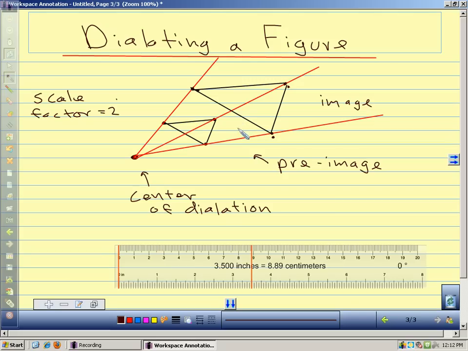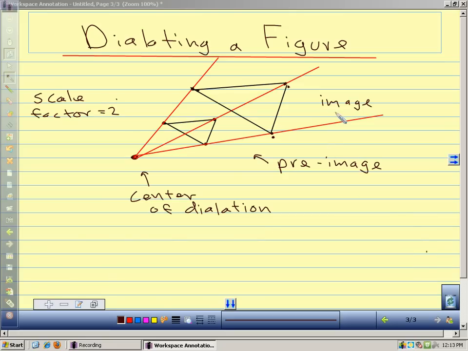And what I would find, if I measured the lengths of the sides of the triangle, is that each side is twice as long as the corresponding side of the other triangle. This would be an expansion, because my shape expanded, right?